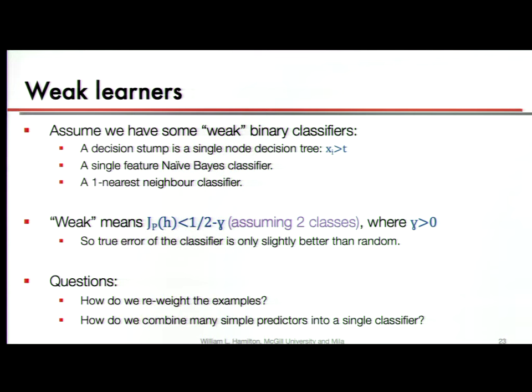So we're saying that the error for these models is 1/2, so basically random, minus a small amount. So we're assuming that this gamma term here is a small number, and these models are basically slightly better than chance.